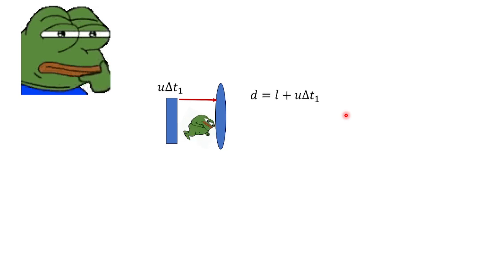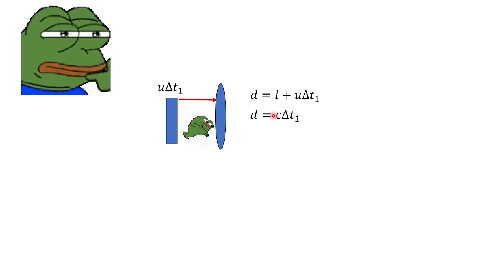Pepe is running very fast. Pepe started here, and after delta t1, his location is here, but Pepe is still running. For the sake of analysis, we'll stop at delta t sub 1. So what would be the distance traveled by the laser then?